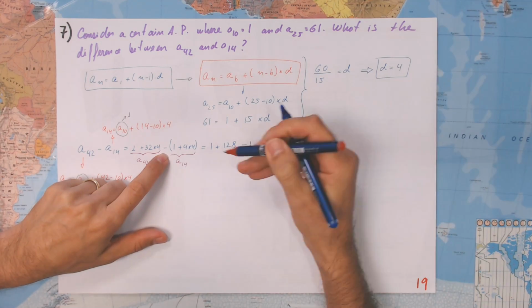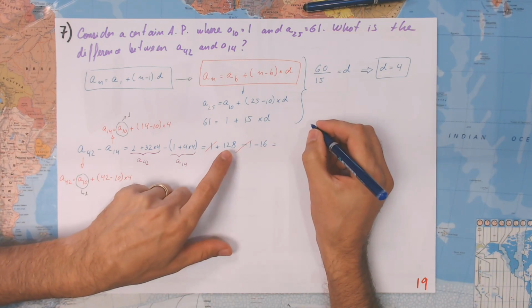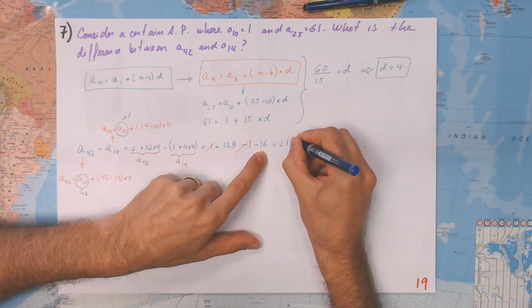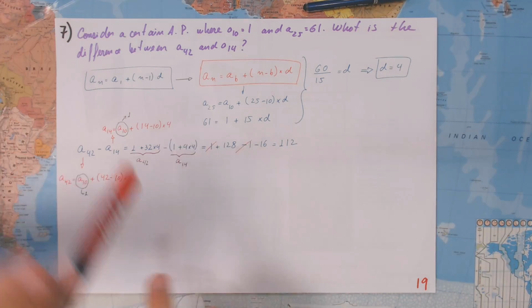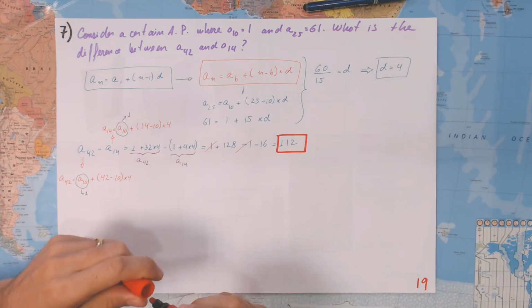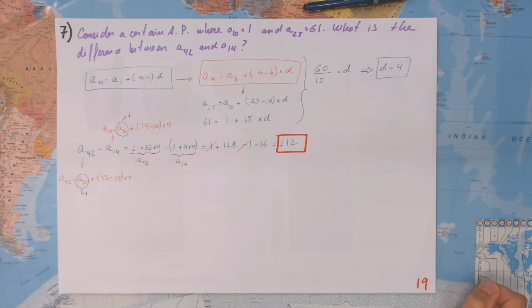Well, this 1 cancels with this 1, and in the end we have 128 minus 16, which is 112, and this is our answer. This is the difference between a42 and a14.